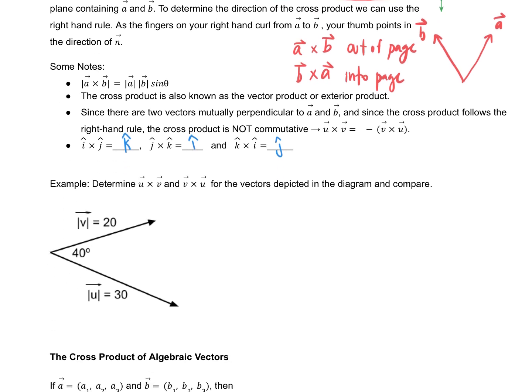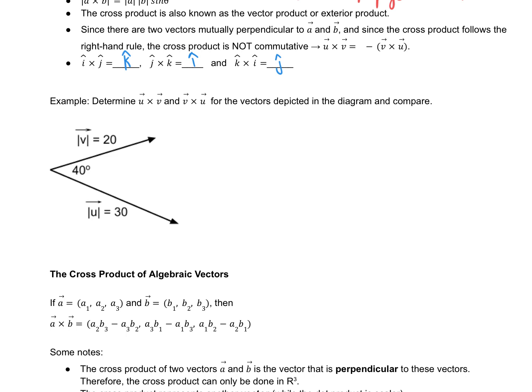Now let's try out an example here. Determine the cross product of u and v and v and u for the vectors depicted in the diagram. Okay, well, first thing, u cross v is going to be the magnitude of u, the magnitude of v, sine theta, times the normal. So the normal being that vector that is perpendicular to u and v. And in terms of that direction, we'll just say in or out of the page for right now.